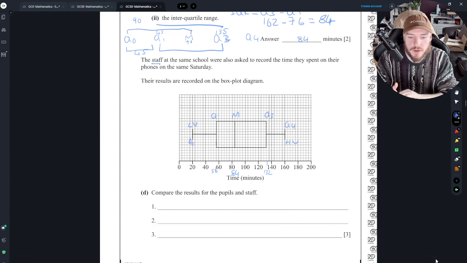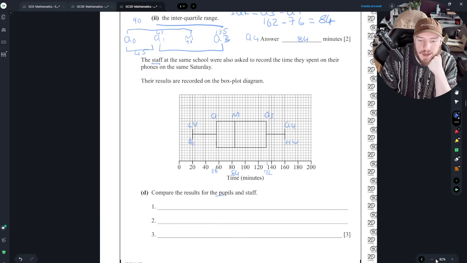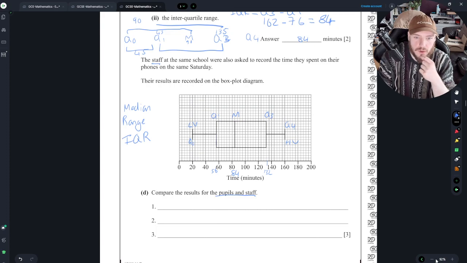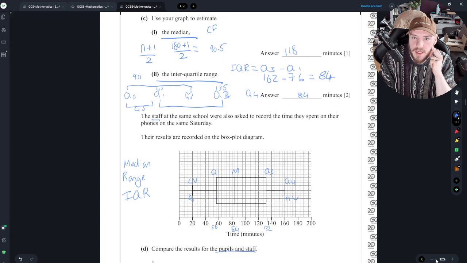So compare the results for the pupils and staff. Jenny wanted to ask us a question like this. What we'll compare is median, range, and IQR. So first let's take a look at the median.